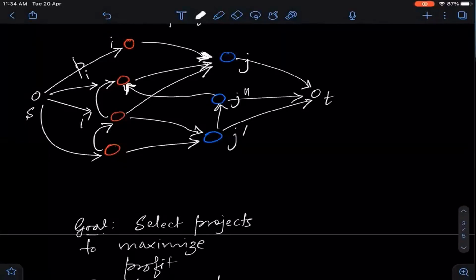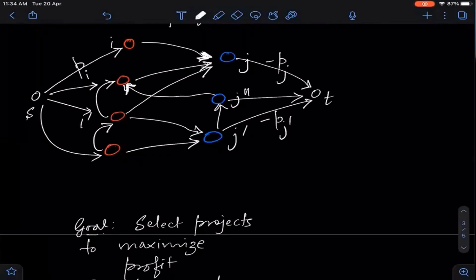Minus PJ, right? It's going to be minus PJ prime. And why do you think this is necessary? Forget about why this is useful. Why do you think minus PJ is necessary? If I keep PJ prime, then it will translate to negative capacity. So I have to do this minus PJ prime, and so on and so forth. Okay. So this is how I define my flow network.